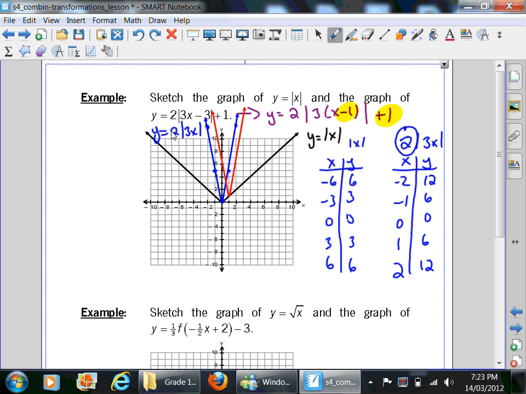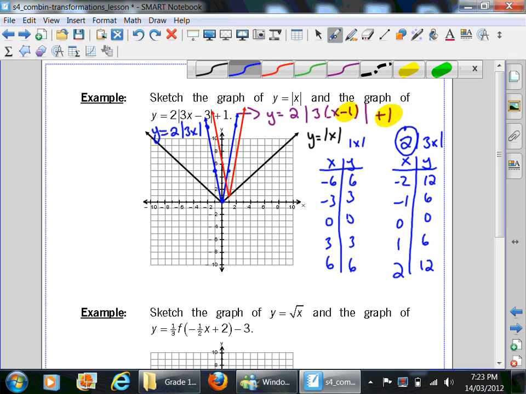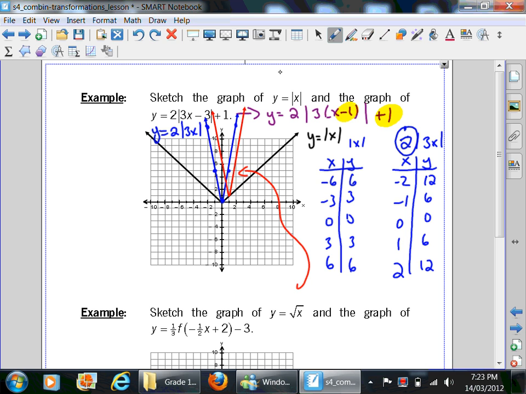And the one in red, I'll just do an arrow to it, so I have room to put it down here. It's y equals 2 absolute value of 3, bracket, x minus 1, plus 1. There it is. Okay?